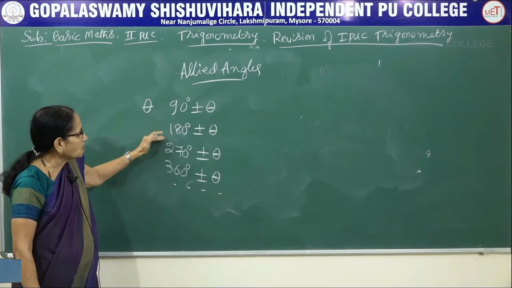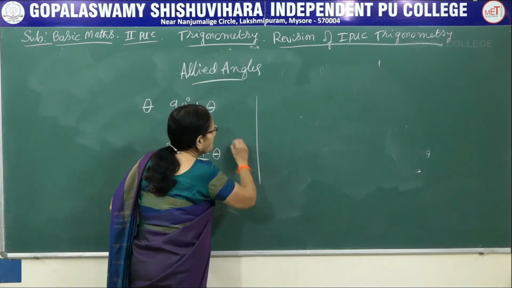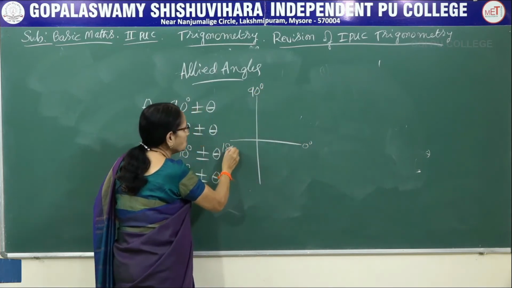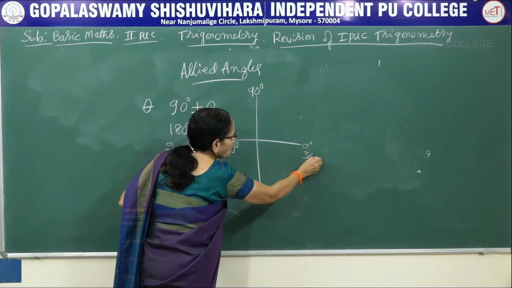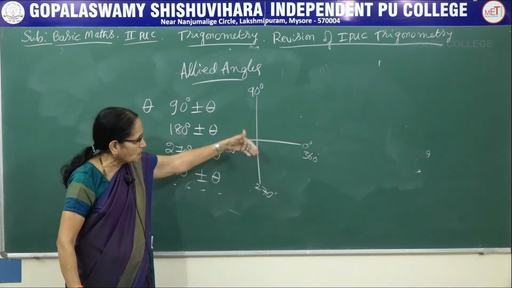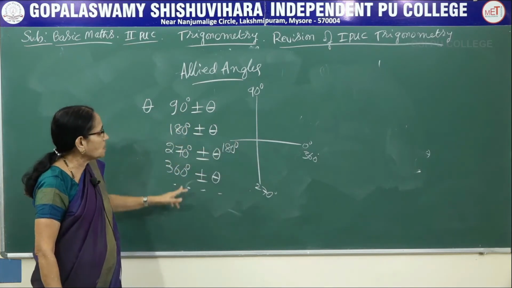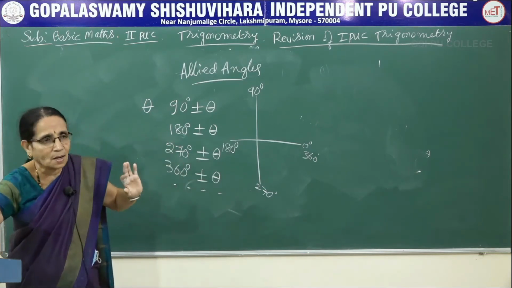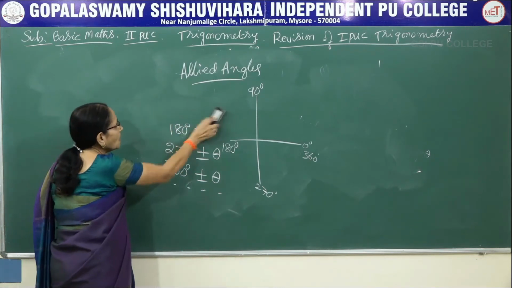You observe 90, 180, 270, 360, we call them quadrantal angles. Here it is 0 degree. Here to here it is 90. Here to here it is 180 and here 270. Again we come here, it would become 360. 360 is as good as saying 0 degrees because after completion of one rotation we come to the starting position. So all of them we call the allied angles of the angle theta. This is the definition of allied angle. Whenever an angle is expressed in this particular form, we call it an allied angle.